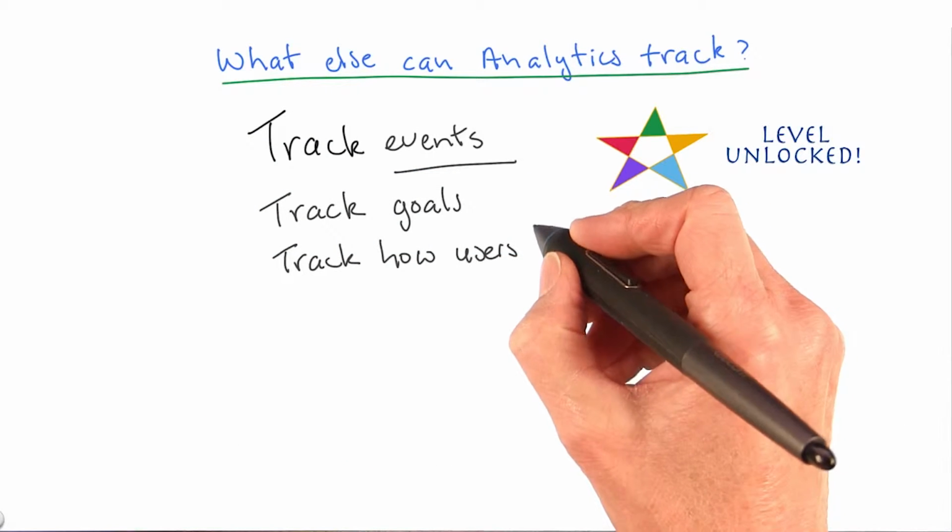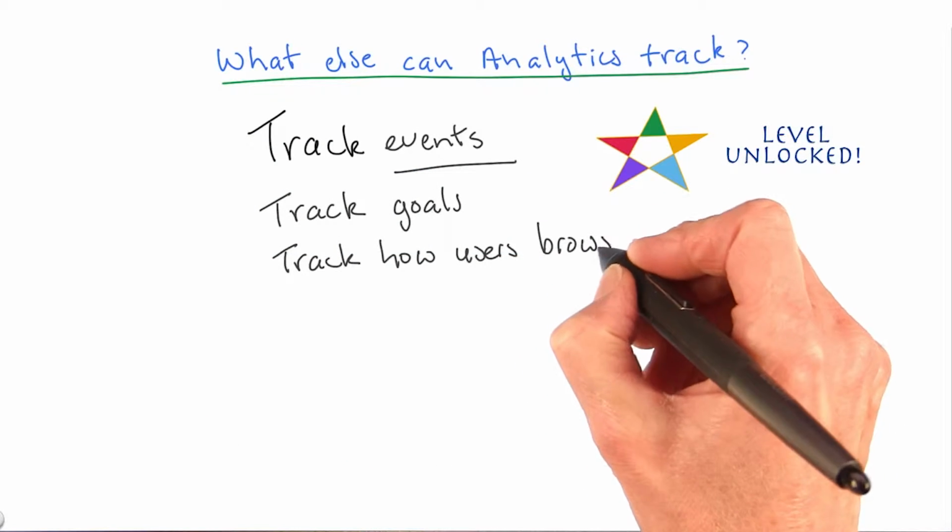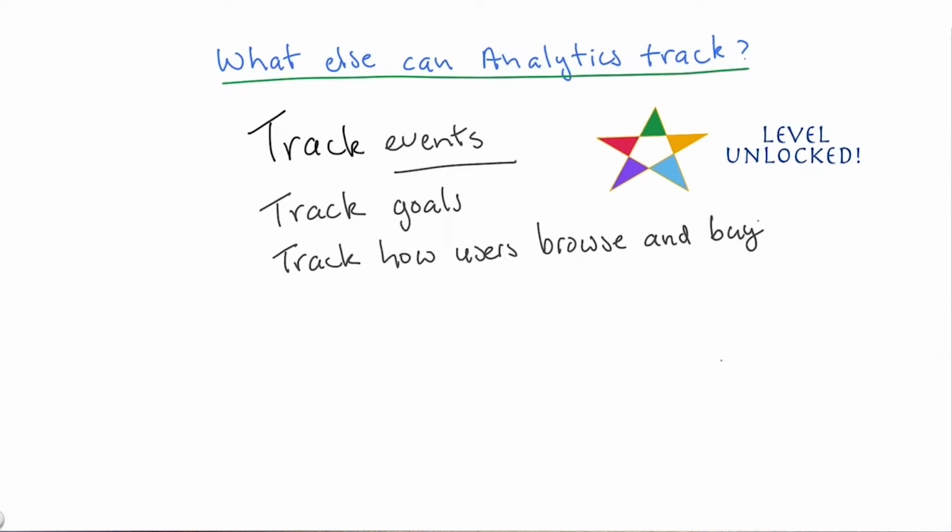So you can track how users browse and buy. If your app lets users view products and buy them, you can track how the customers progress through the shopping flow.